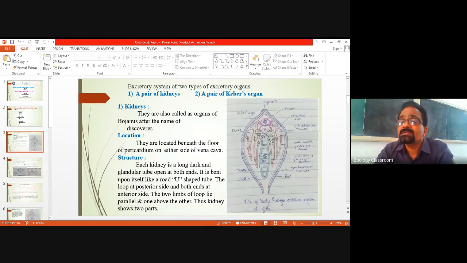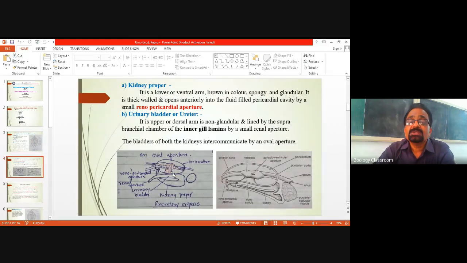In the suprabranchial chamber of the inner gill lamina, the ureter proper opens by the renal aperture. Is it clear? So this is the renal aperture, the urinary bladder or ureter, as it is called. Where is it opening? It is opening in the suprabranchial chamber which is above the inner gill lamina.